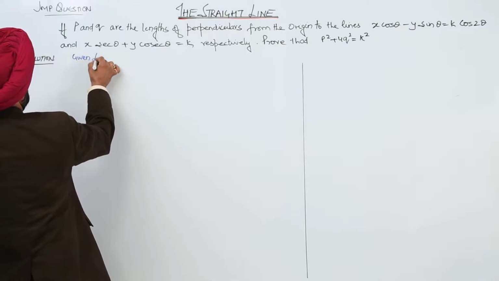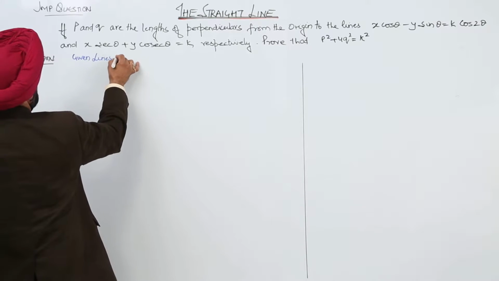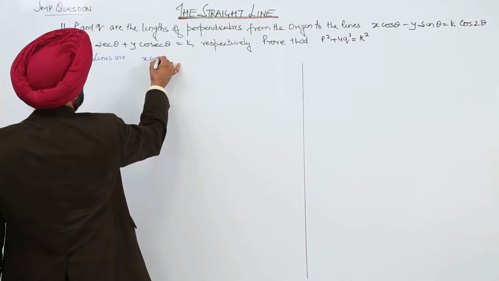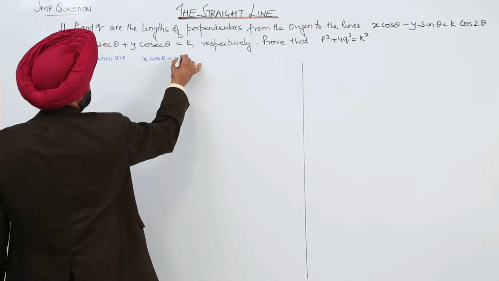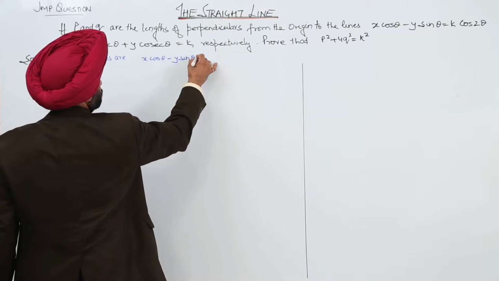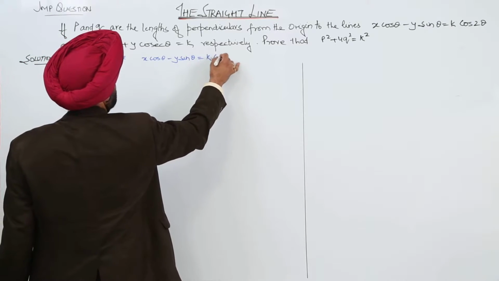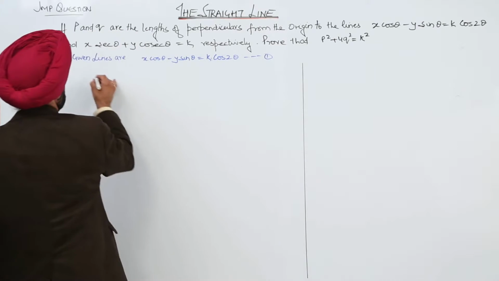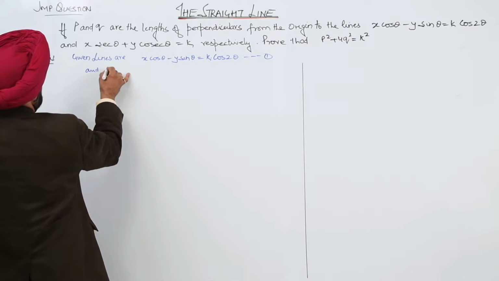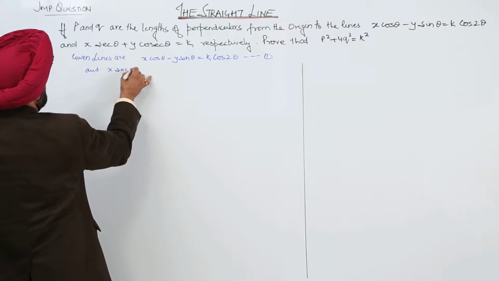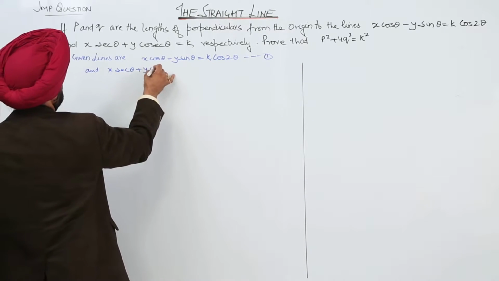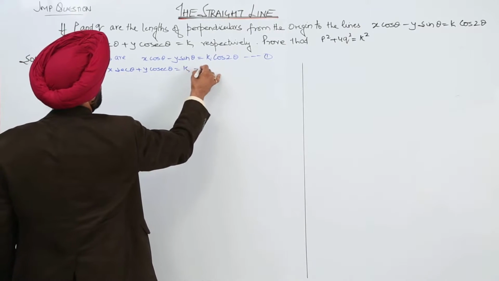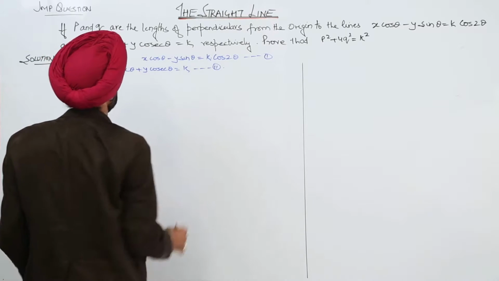Now, the given lines are x cos theta minus y sin theta is equal to k cos 2 theta, equation 1, and x secant theta plus y cosecant theta is equal to k, equation 2.